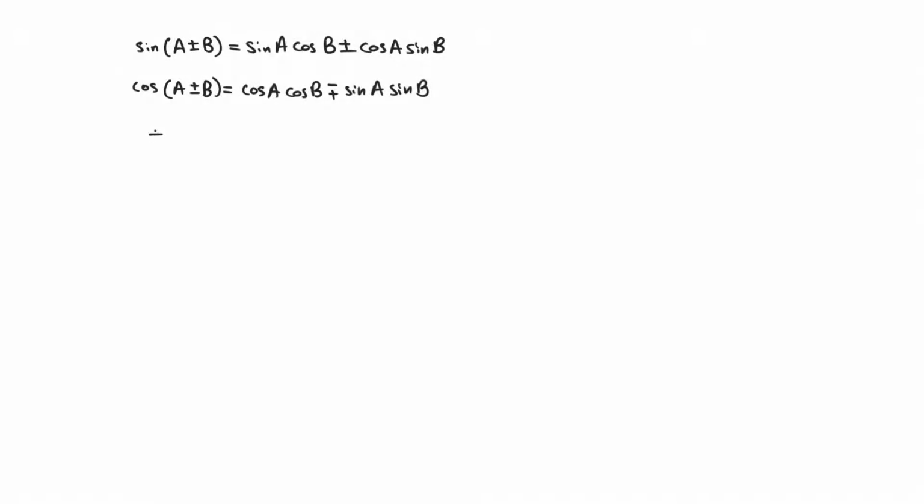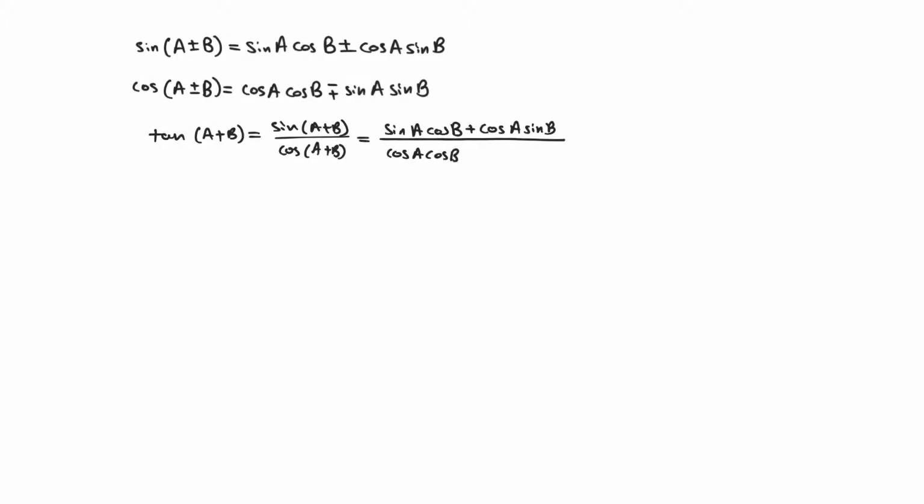Now let's derive what tan of a plus b would be. We know that tan of a plus b is sine of a plus b over cosine of a plus b, which means this is sine a cosine b plus cosine a sine b, all divided by cosine a cosine b minus sine a sine b.